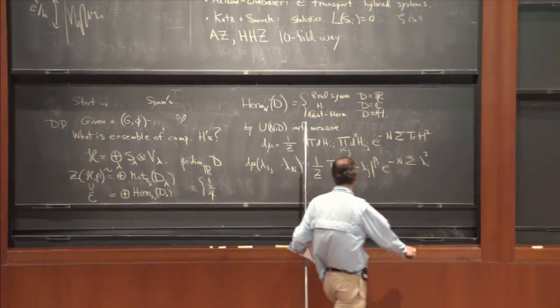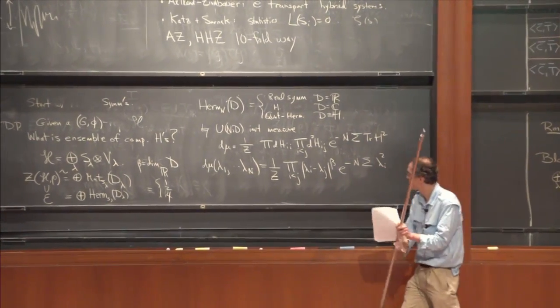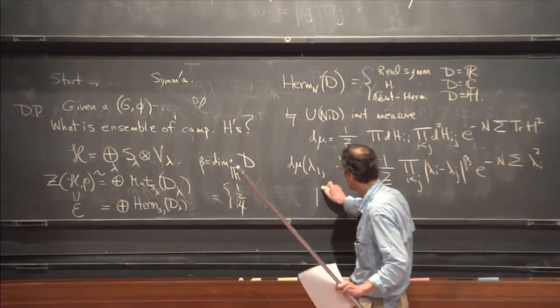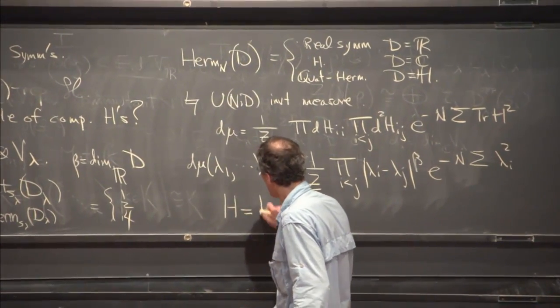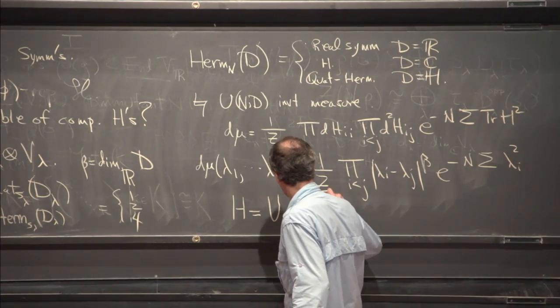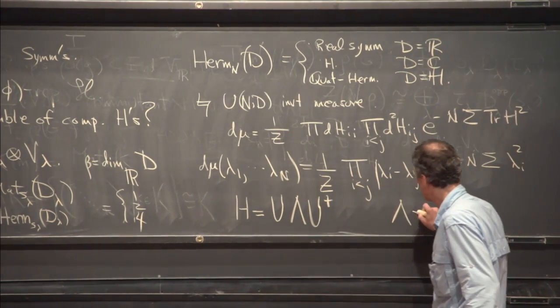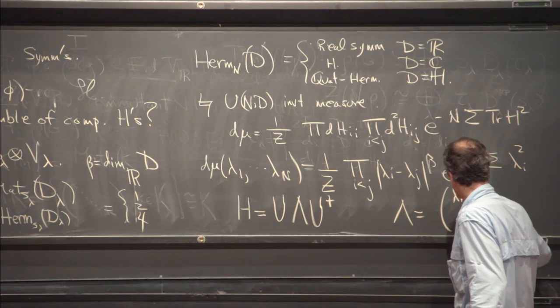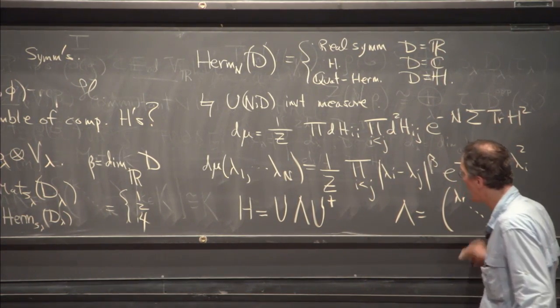Well, that would take a little bit of time. So what you need to do is you need to write H equals U lambda U dagger, where lambda is the diagonal matrix of eigenvalues.